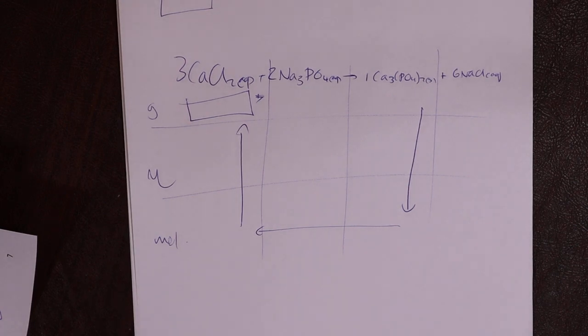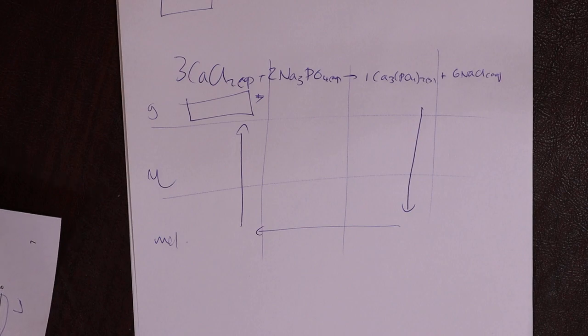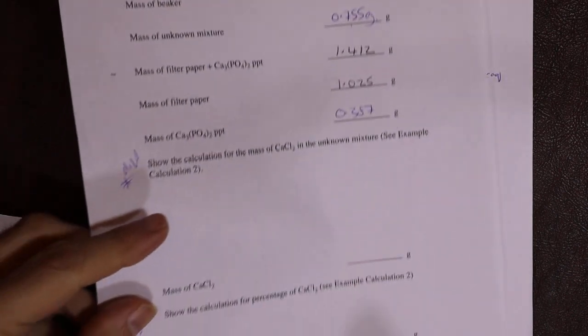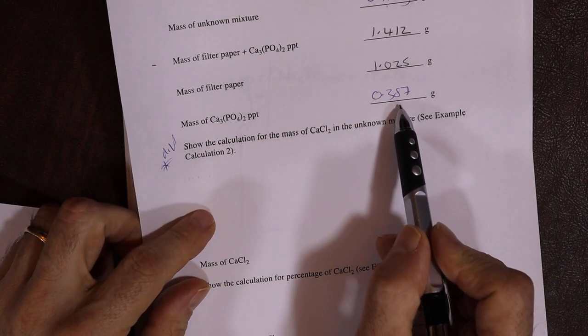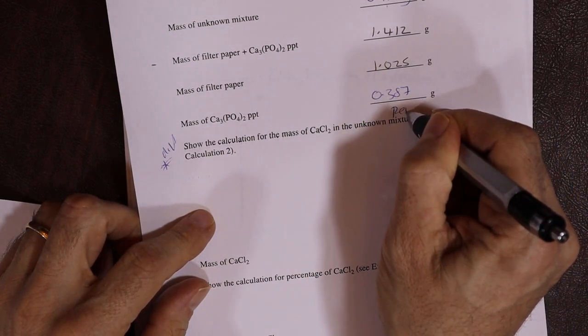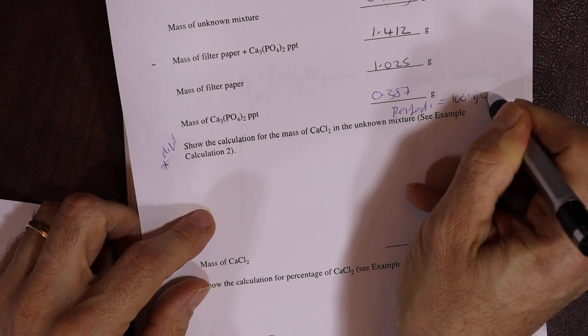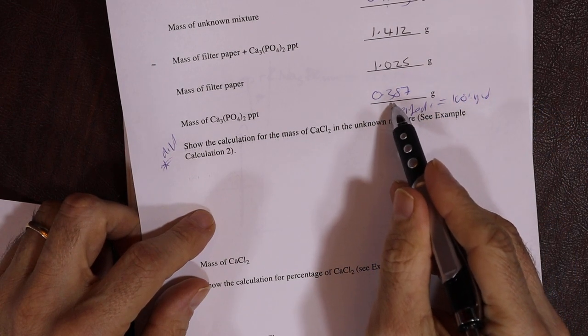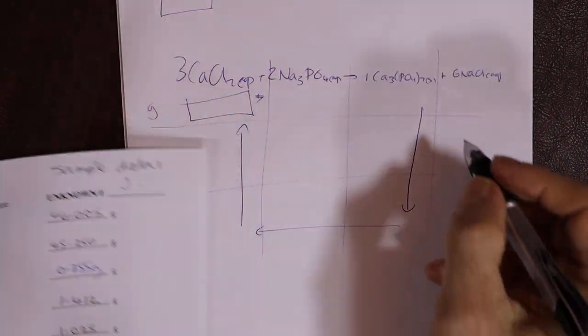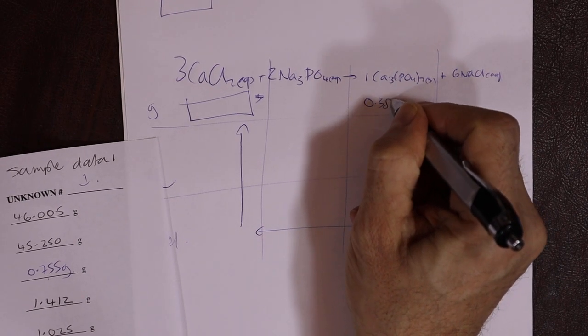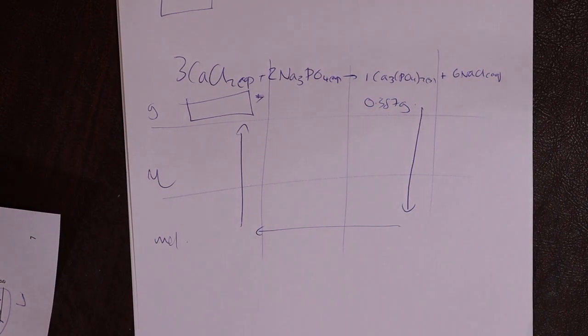Now, if you remember, again, your numbers will be different. We're going to assume that's perfect, it worked out perfectly. So that's the exact number we want, 0.387. Fair enough.